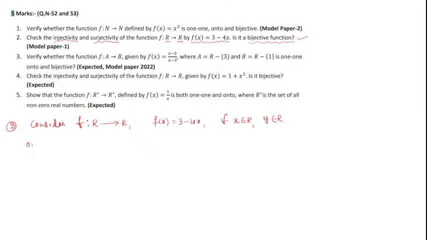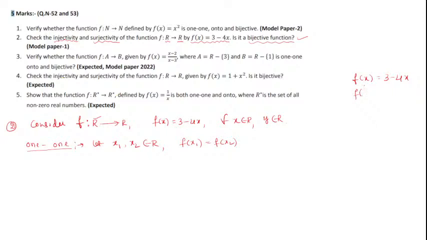So the condition for a 1-1 function, directly you go for it. To check the 1-1 function, what is the condition? Let us consider x1 and x2 are two elements, real numbers in your domain. So consider f of x1 is equal to f of x2. Okay? So f of x equal to 3 minus 4x is given.